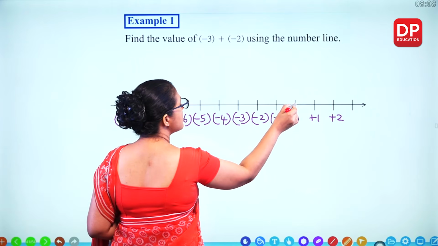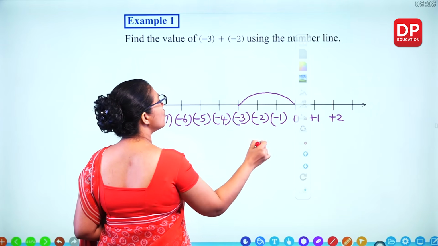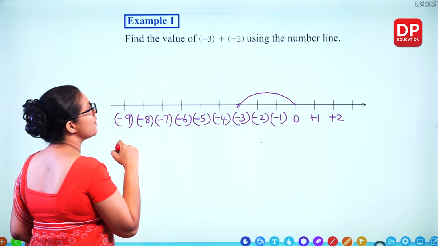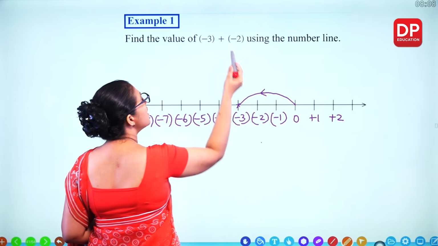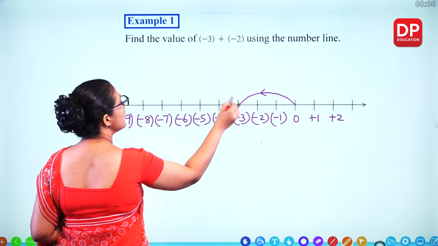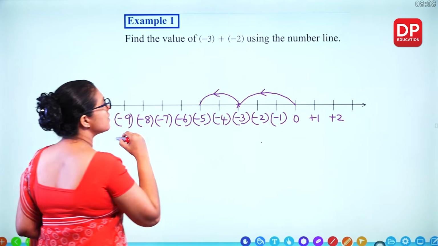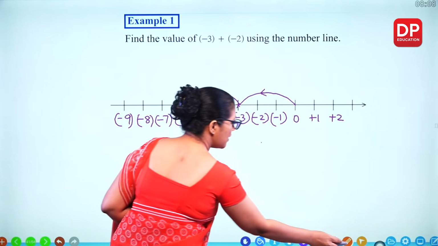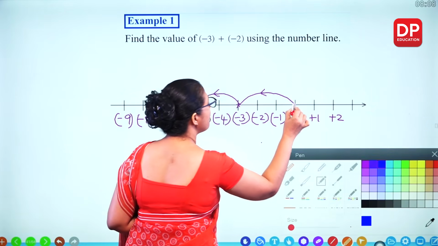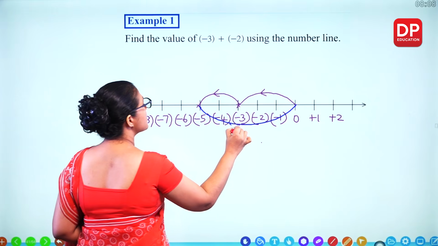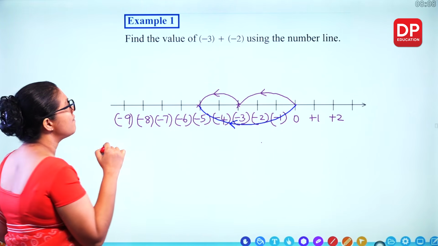So that means to the left now. 0 to 3, so negative 3 to the left. Another 2 to the left. So the position is here. From here to here, that's negative 5.